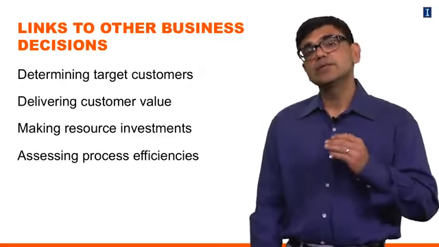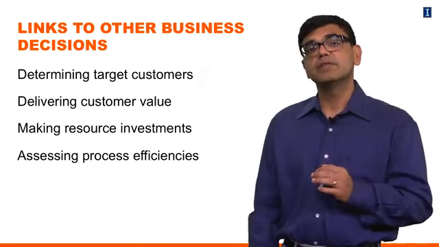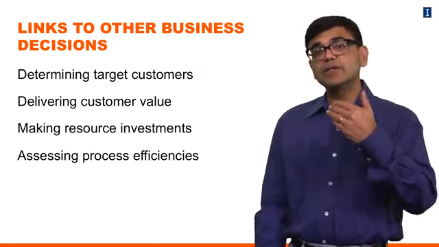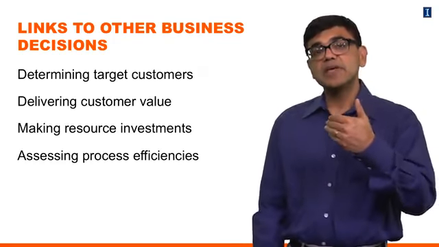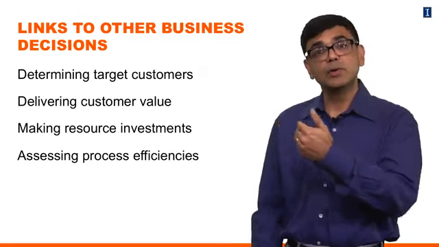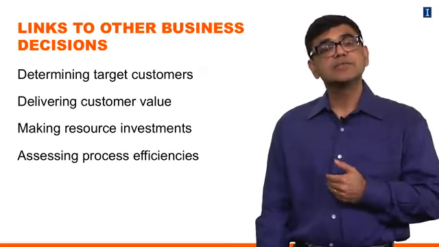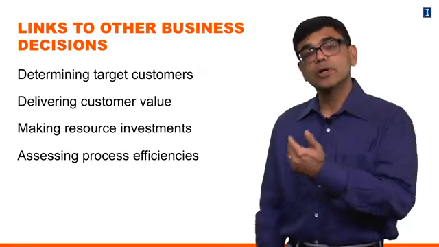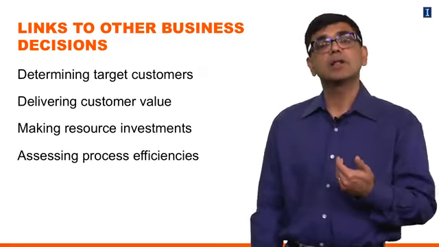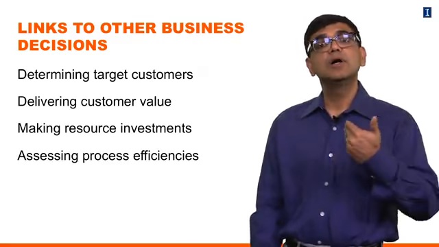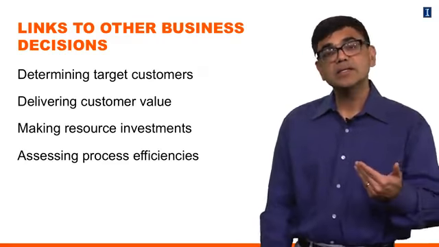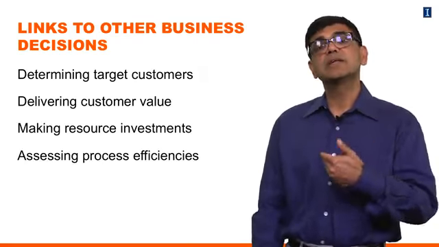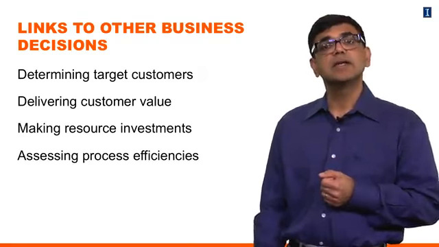In terms of linking this to other business decisions, so we talked about other functions, so how exactly does it relate to other business functions? You can think of these as being areas in which you can do other courses as well. So in terms of determining your target customers, something that the marketing department or the marketing courses talk about a lot in terms of delivering customer value. You talk about these in cost accounting as to how do you measure the value of each of the steps in a process, and you also talk about this in marketing.